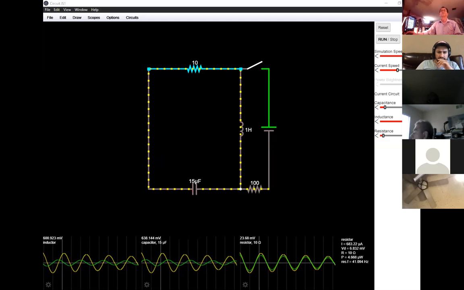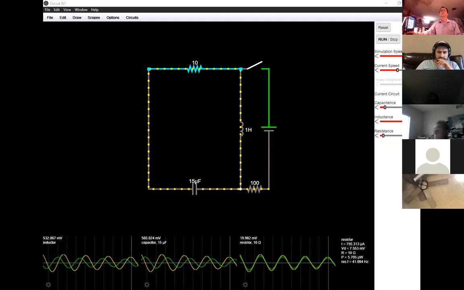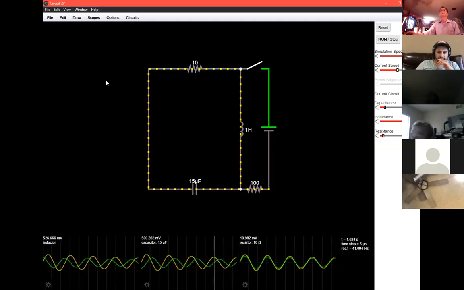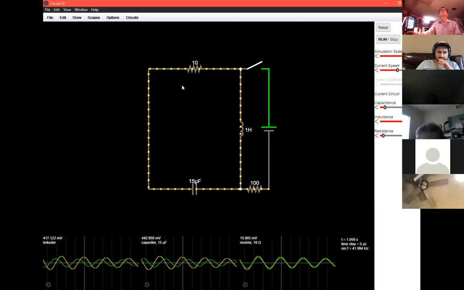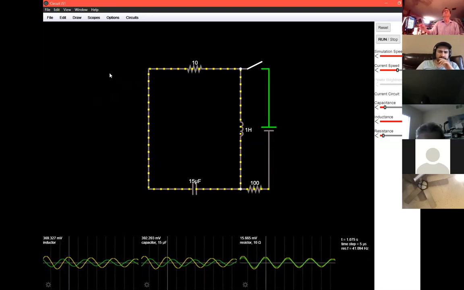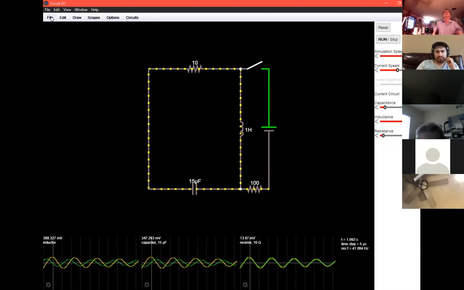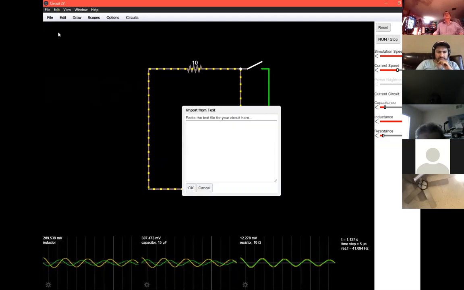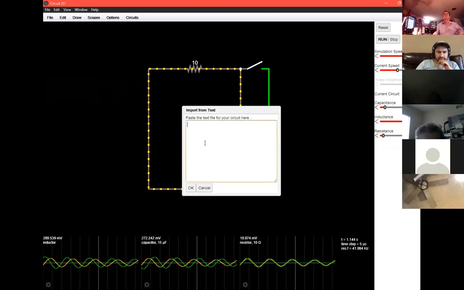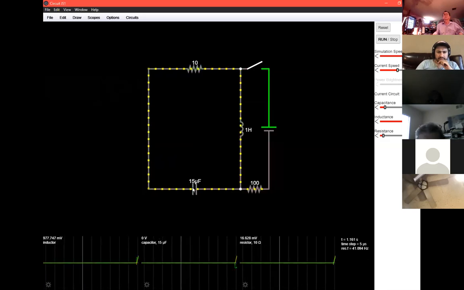I'm going to copy a file, and I'm going to show you how it will change. So you should see 2 resistors, a capacitor, an inductor, and a power supply. I'm going to import a file. So I'm going to import, and well, it didn't work.